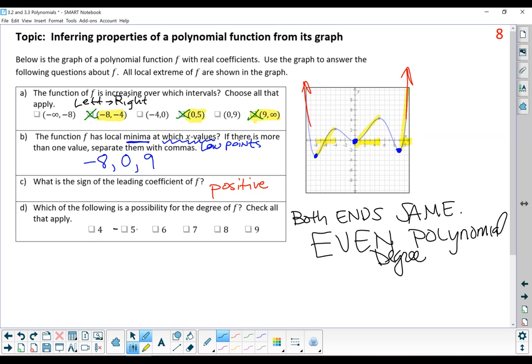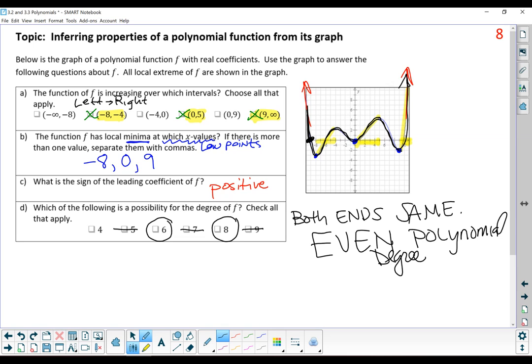So we know that it can't be degree 5, degree 7, or degree 9. It's got to have an even degree. So if we think about our wiggles and how many times this thing changes, it changes 1, 2, 3, 4, 5. Changed 5 times. So it could be degree 6 or 8, anything higher than the number of changes.